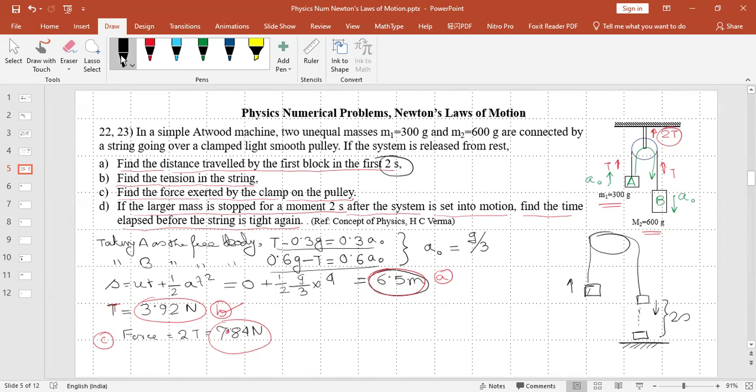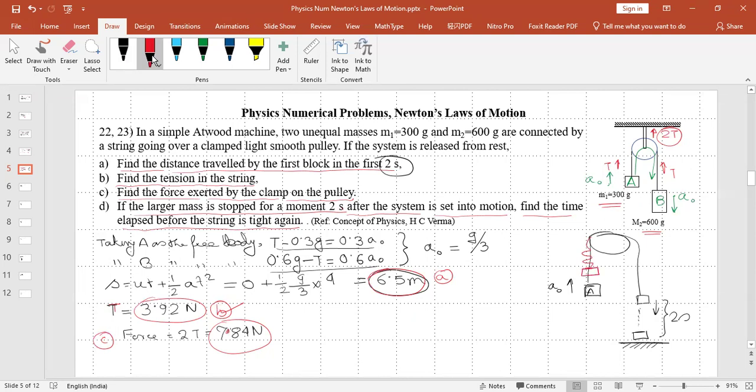Will the body A also stop? No. The body A had an initial acceleration a0, so it continued to move upward, and the string will be slack and it will continue to move upward.